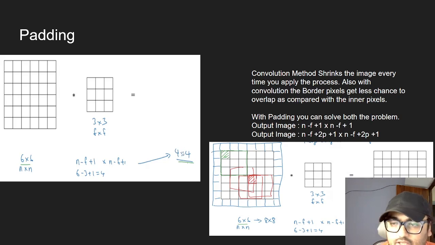To make this 4 cross 4 into 6 cross 6, you have to add 2 in both places, so here you add 1 and here you add 1. That's why you do plus 2p, with padding 1. Both of these make sense when you apply padding in convolution.